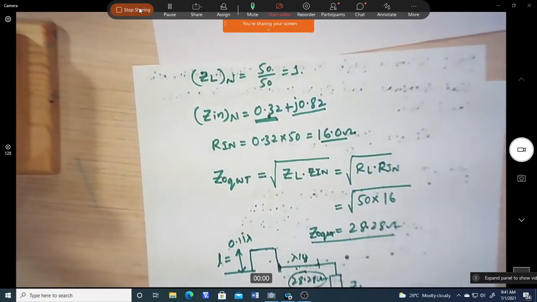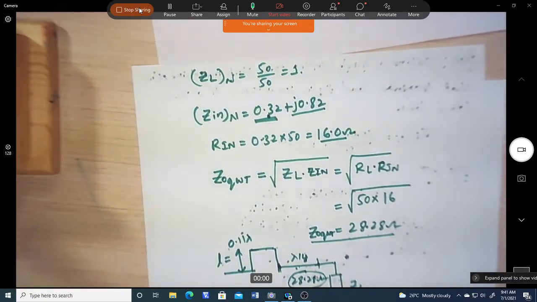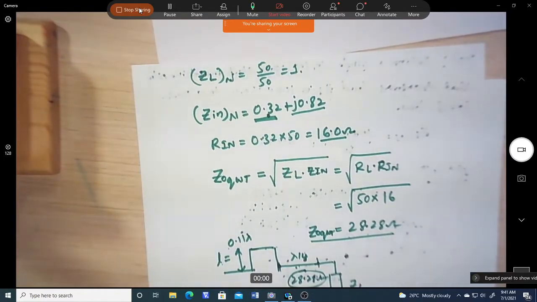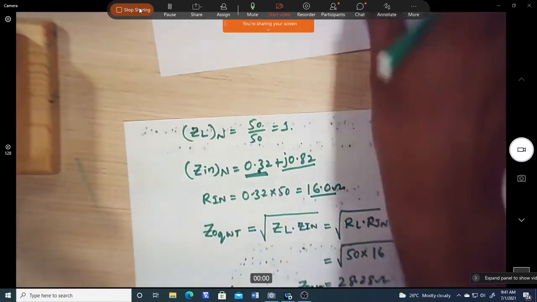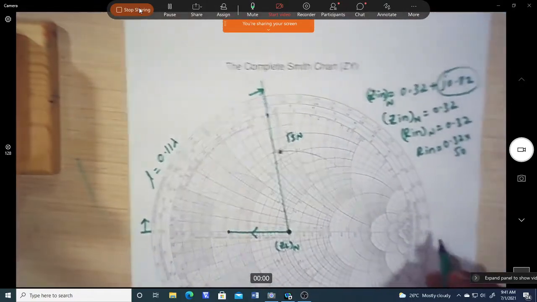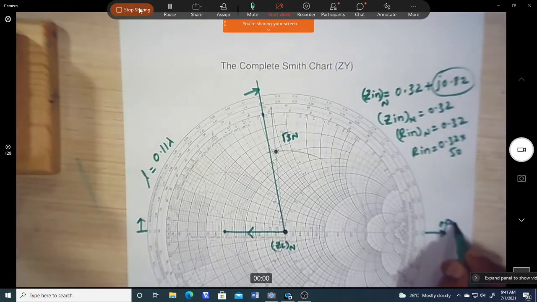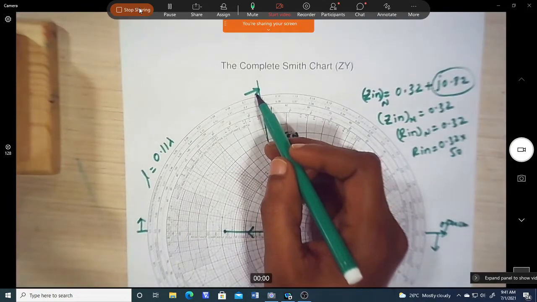You can use one more solution: the open circuited stub, with the lambda by 4 as it is. This is the open circuit series stub, and we have to find out its length. This is the open circuit point, and from this point till this point we have to find the length.